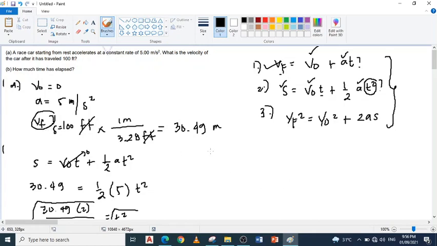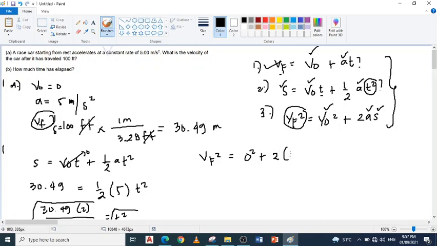So if we will try to use number 3 na formula, since given naman to, walang problema, given sa acceleration and given din si distance travel, so we can solve for the final velocity. So final velocity natin, Vf square is equal to, since ang VO natin ay 0, so 0 square plus 2, anong acceleration natin?